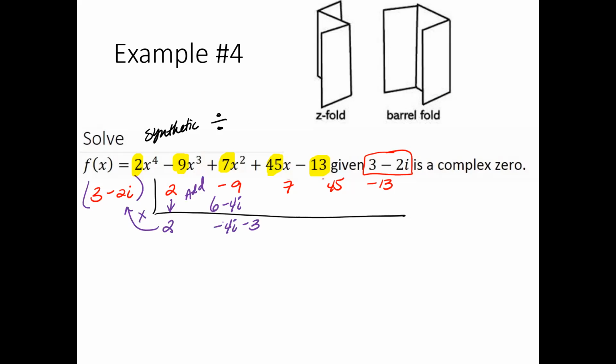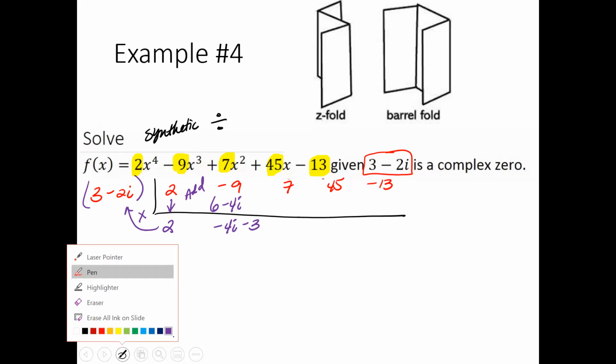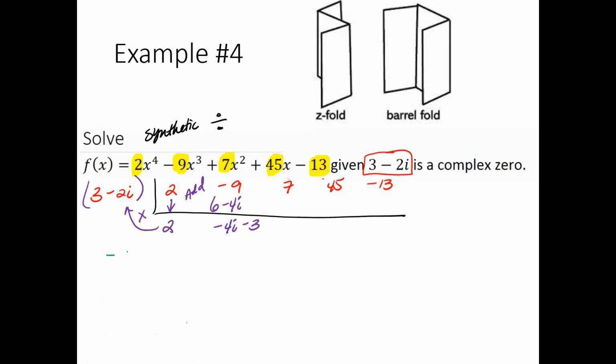But then we have to multiply one more time, remember? So with this one, you're going to have to kind of FOIL that. So we're going to have a 3 times a -4i, which is going to be a -12i. 3 times a -3, which is a -9. -2i times a -4i is a +8i squared. -2i times a -3 is a +6i.